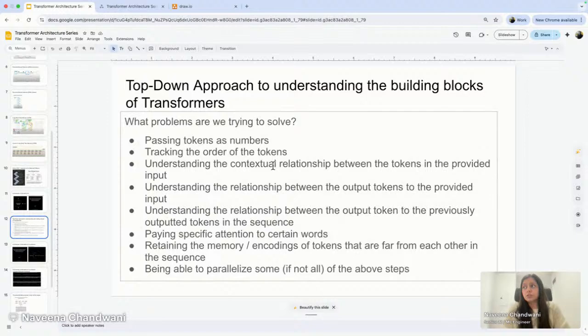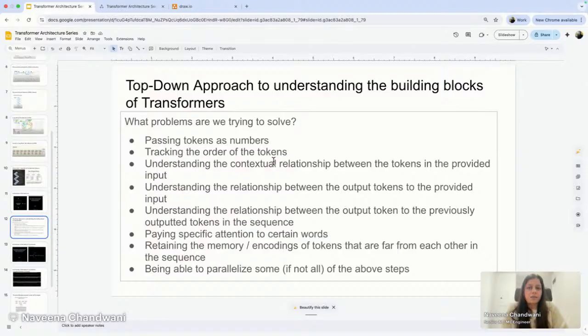And like we saw, we would want to understand the contextual relationship between the tokens in the provided input. How do the different words in the input relate to one another? And for each generated output token, how does it tie to what it saw in those inputs? For every output, it should also tie logically, semantically, contextually to the previously outputted tokens. And you may even want to pay selective attention to certain words. That's also what we do when we learn.